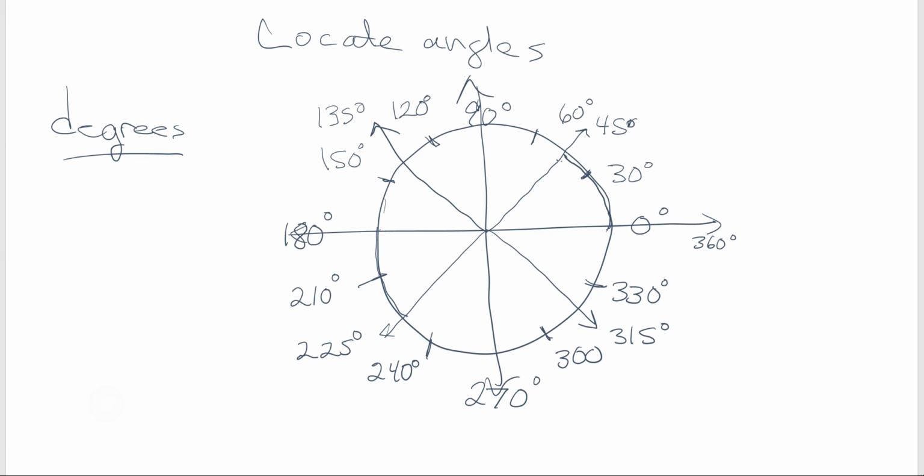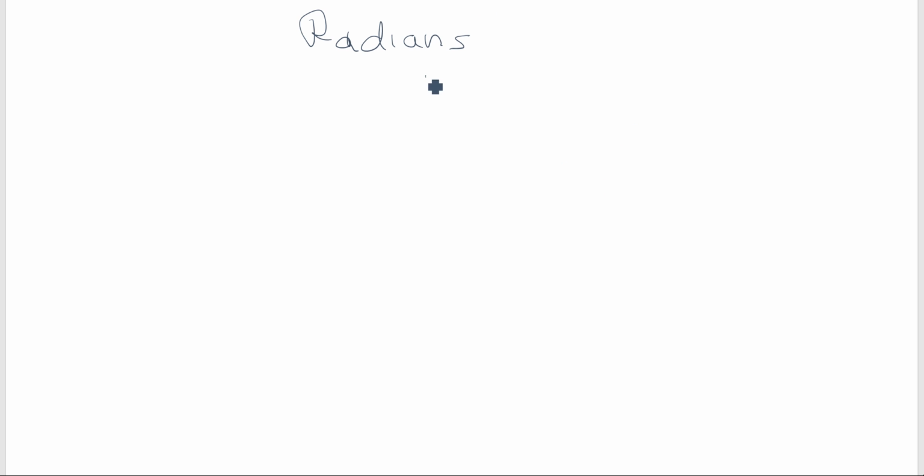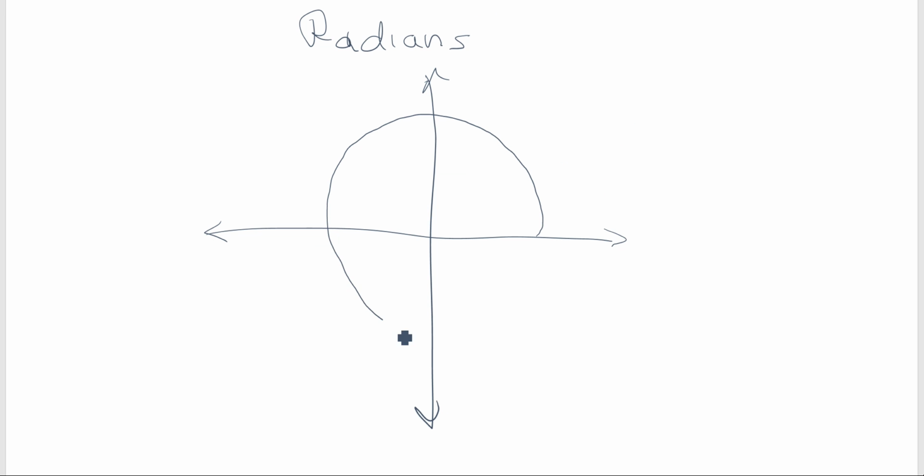We should also be able to do the same type of work in radian measure. And so if I look at that in radians, then I make that same diagram. X-axis, y-axis, circle centered at the origin. This would be 0 radians.